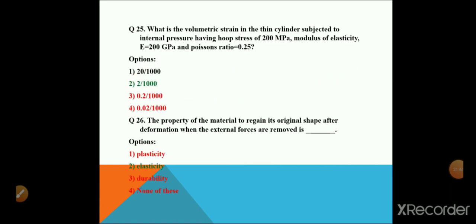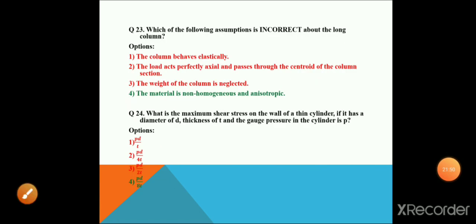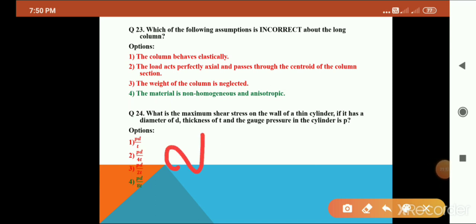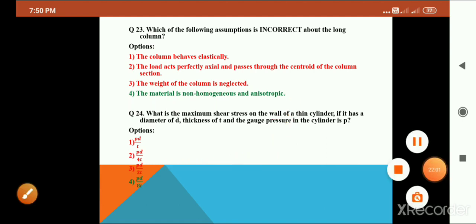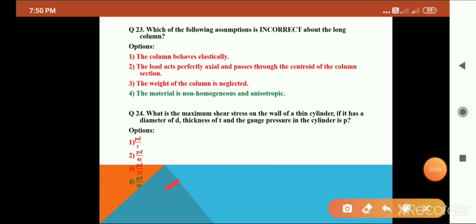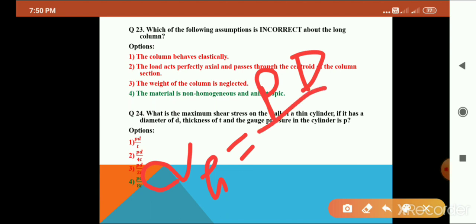One is hoop stress, which is PD by 2T, also called circumferential stress.